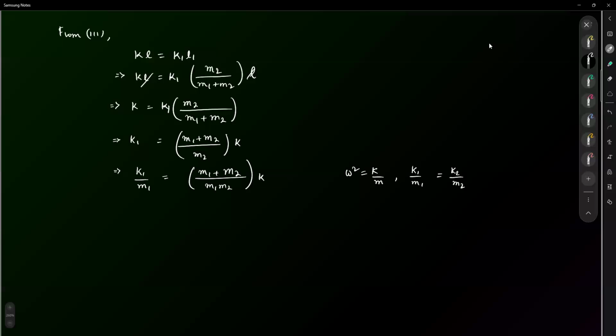So this will imply that omega square is equal to omega 1 square equals omega 2 square. So omega square is equal to M1 plus M2 by M1 M2 into K.